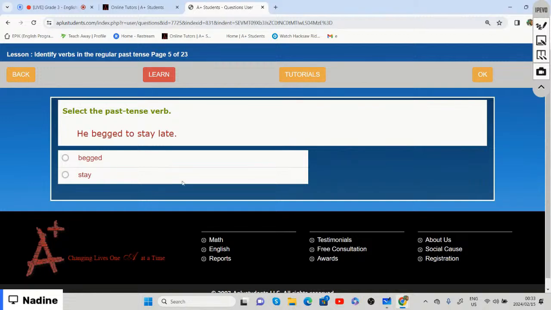And then, he begged to stay late. What is our past tense regular verb? Is it begged or stay?